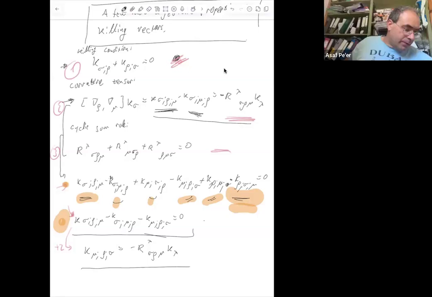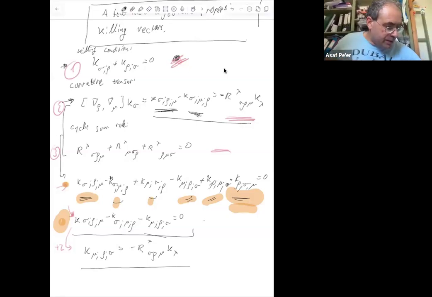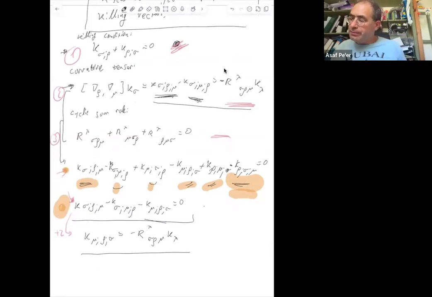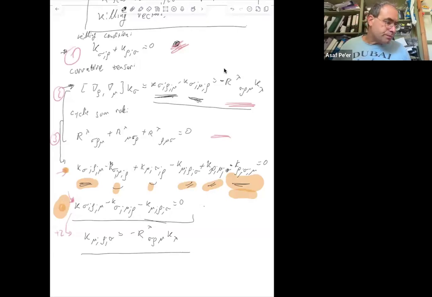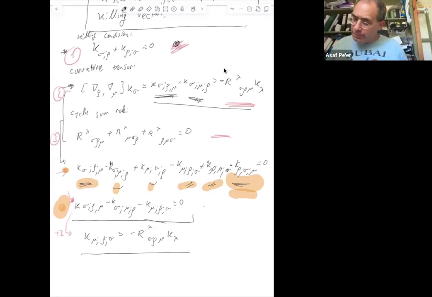Now I'm going to do the same using again the definition of the curvature tensor, now taking another derivative, another commutator. So now I'm going to take an extra term.